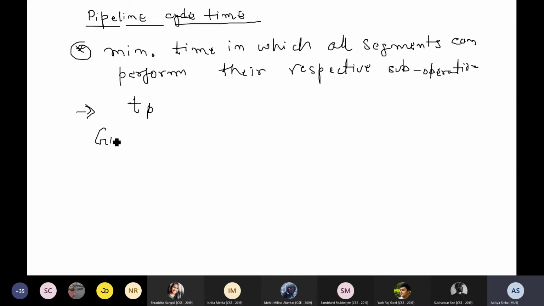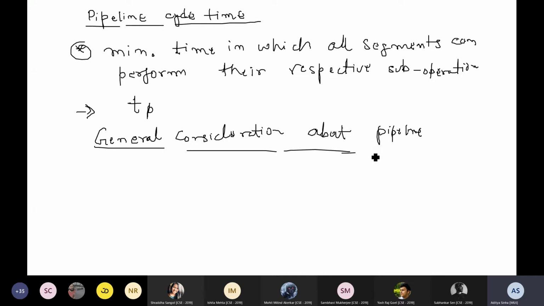So some general considerations about pipeline. We'll see some of the definitions, like consider a K segment. What does K segment mean? किसका segment कर रहे हैं अपन?